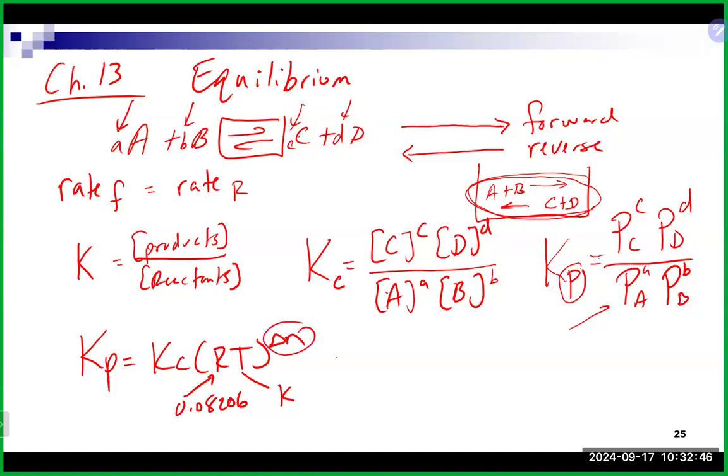Delta n is the change in the number of moles, the moles of the product minus the moles of the reactant, whichever ones are gases. Basically, all the gas on the product side minus the gas on the reactant side. This allows you to go from Kp to Kc. If you're given information about pressures, you can calculate the Kp, and then use that to calculate the Kc, and vice versa.